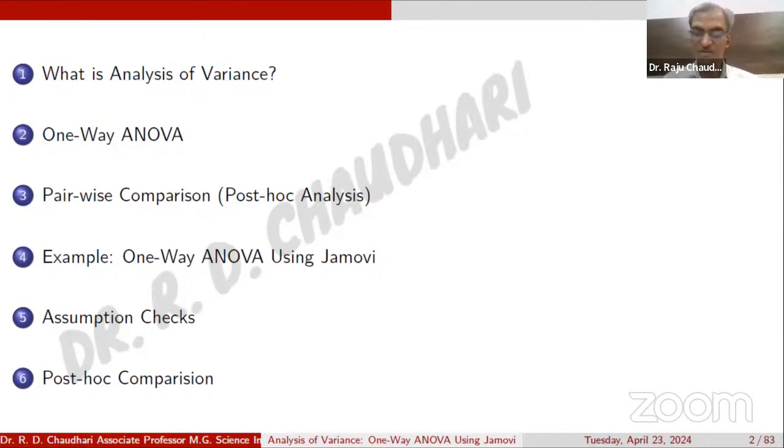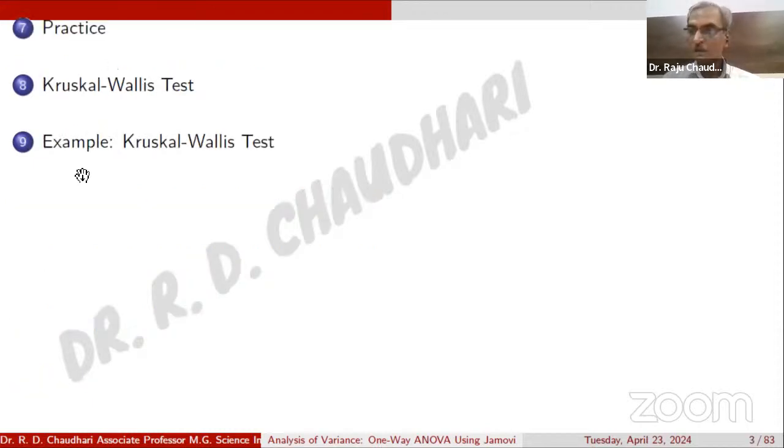So we have to check the assumptions for each statistical technique, and depending upon whether they are satisfied or not, we have different statistical methods. We will see that with the help of an example, and then we will perform post hoc comparison in Jamovi. This is about the parametric analysis of variance.